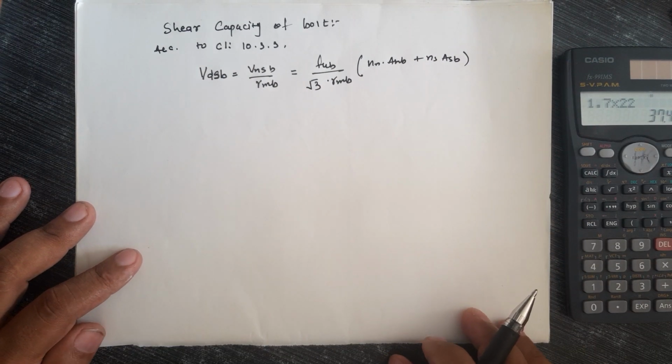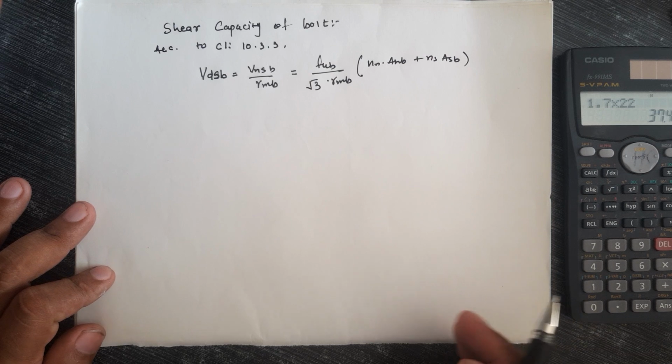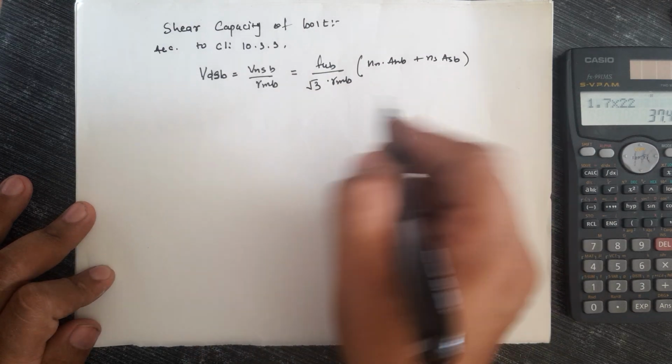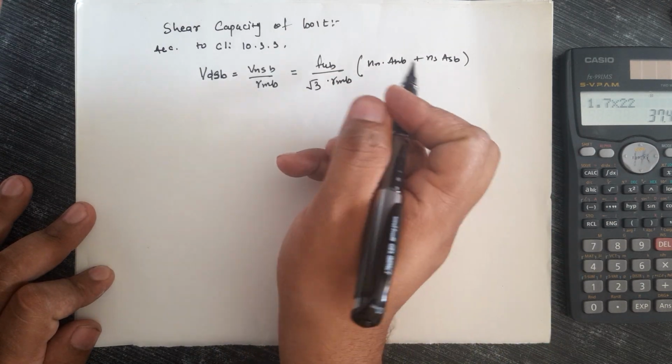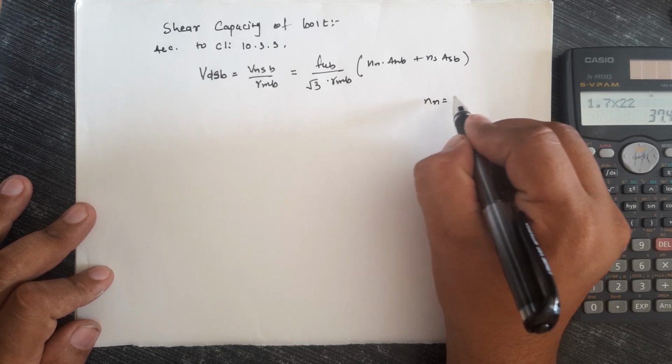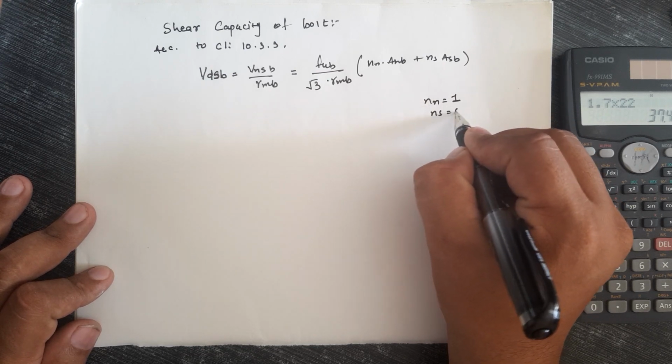This is already covered in the theory part of bolts and the terminology used in the shear capacity. Now we are going to use all the terms. For a better connection, we assume that NN is equal to 1 and NS is equal to 0.